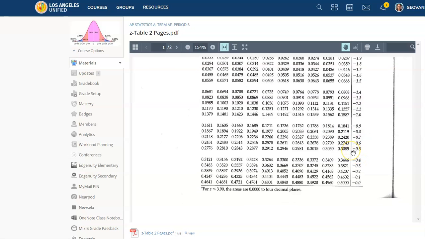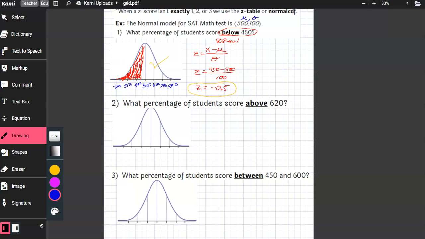So negative 0.5 is right here, and it goes with 0.3085. So the percentage from the table gave me the probability that X is below 450 is 0.30.